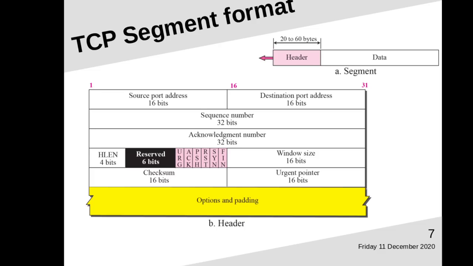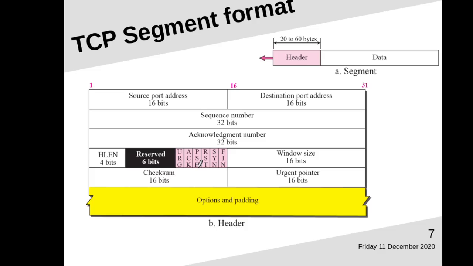There is a checksum. Checksum is another 16-bit field. We already understand that it is calculated by the sum of all the values, and it helps in finding whether we have any error during transmission or not, right?